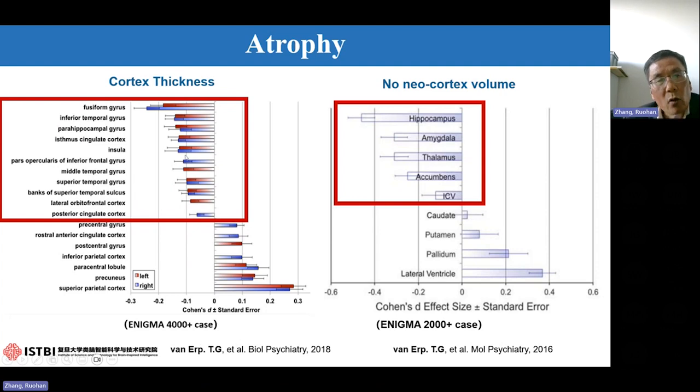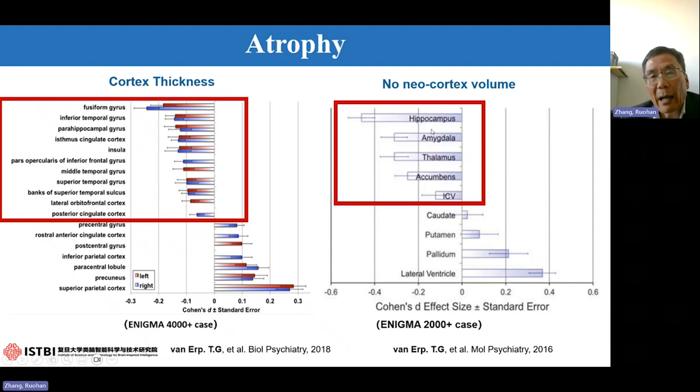We can subdivide the brain into many areas, and they found quite a few areas where, in comparison with healthy people, the brain area shrinks, becomes smaller.